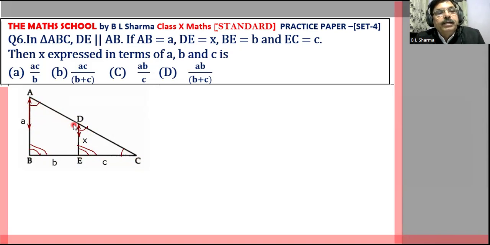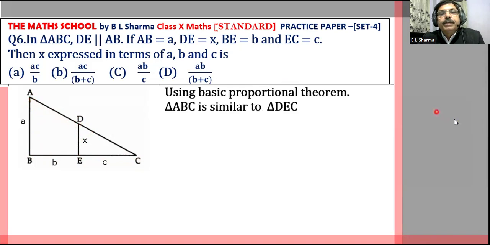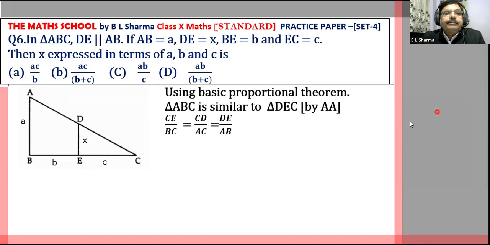So, using the basic proportionality theorem, ABC is similar to triangle DEC. So CE upon BC is equal to CD upon AC is equal to DE upon AB.